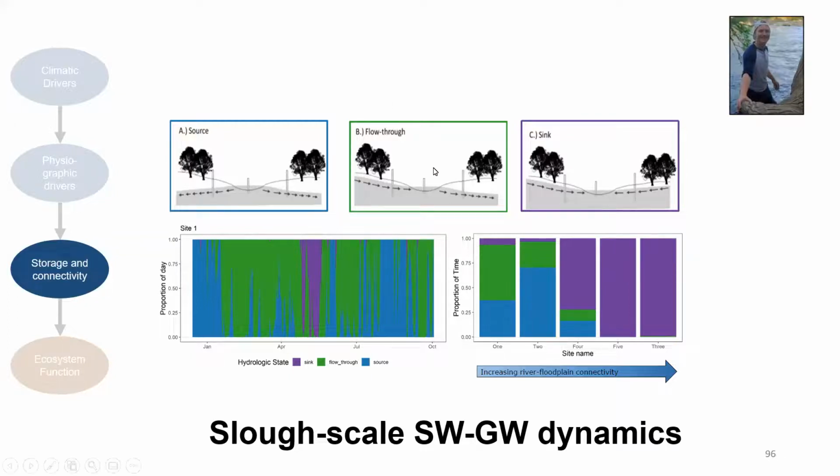It could also have a flow-through situation, or the slough could be a sink, so the aquifer could be contributing water to it. What I want to point out is that as we move from an area that's rarely inundated to areas that are more inundated, those areas become largely sinks. They spend a lot of time flushing water out, which we think has big implications for dissolved organic matter transport.